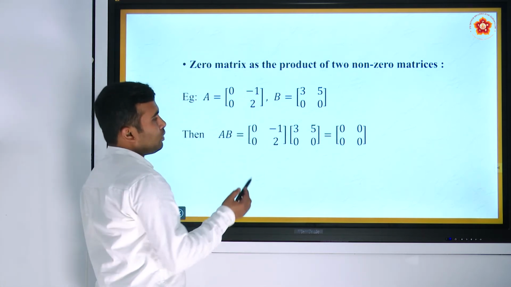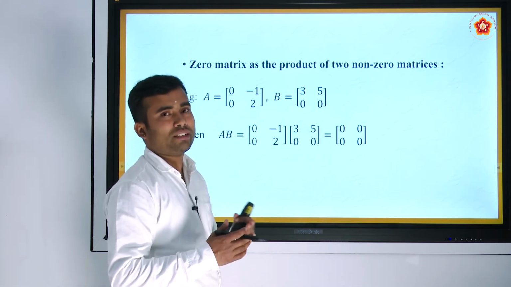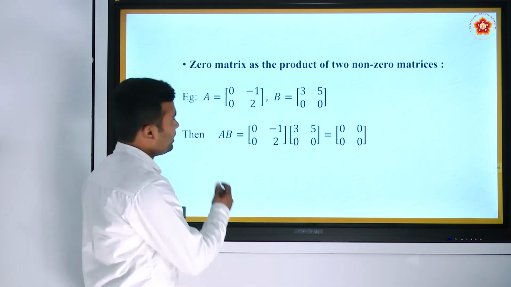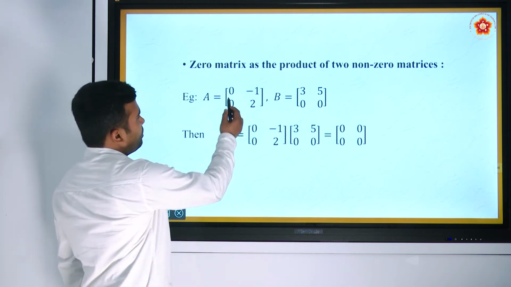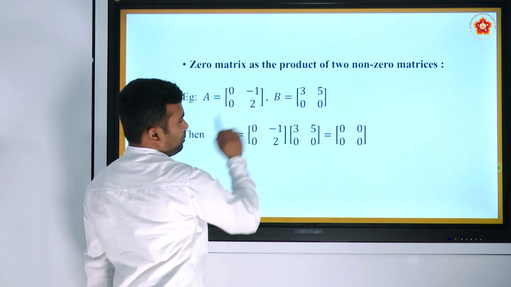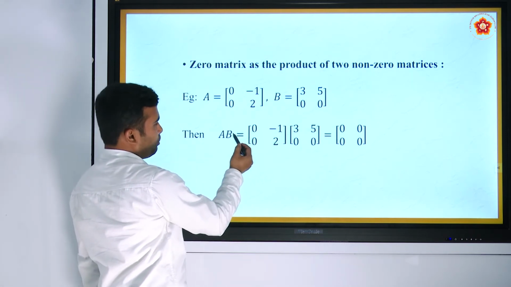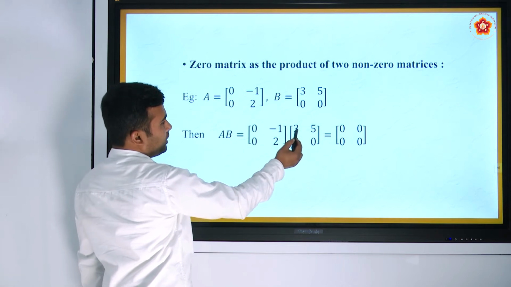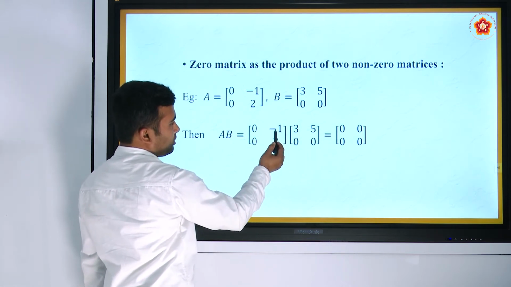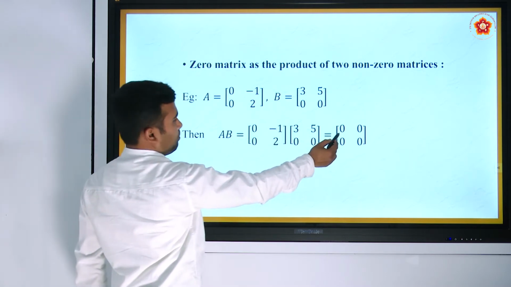So here when you multiply two matrices, you will get the product matrix as what? The zero matrix. Here we have an example: [0 -1; 0 2] and [3 5; 0 0]. So when you multiply this, A into B: 0 into 3 is 0 plus -1 into 0 is 0, so 0.